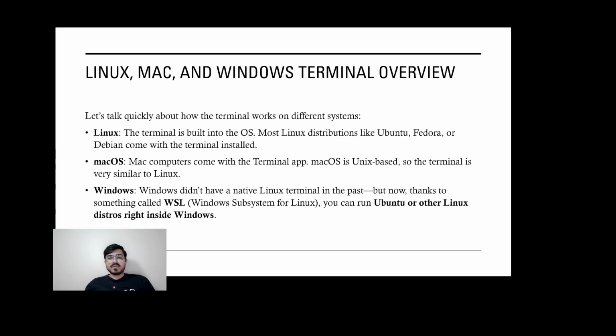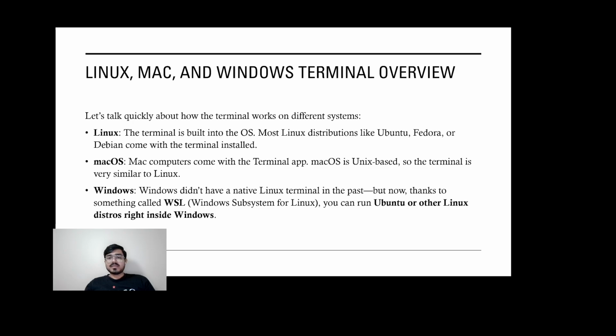Linux, Mac, and Windows terminal overview. Let's talk quickly about how the terminal works on different systems. First of all, on Linux, the terminal is built into the OS. Most Linux distributions like Ubuntu, Fedora, or Debian come with the terminal installed. Mac OS computers come with the Terminal app.